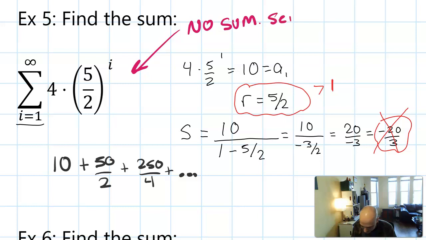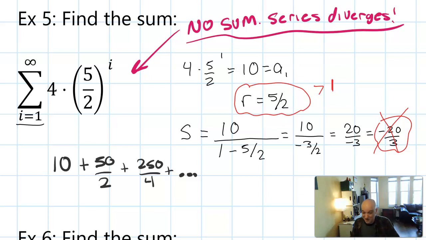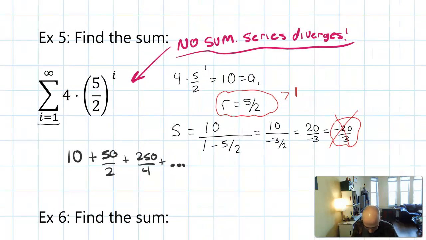We'll say the series diverges. Because our terms don't go to 0 and our ratio is greater than 1, the series diverges. You can plug all those numbers into the formula and get a result, but it's not going to be a correct result. And that's something to be very, very cautious about.